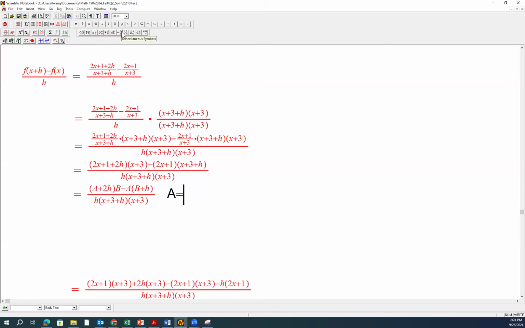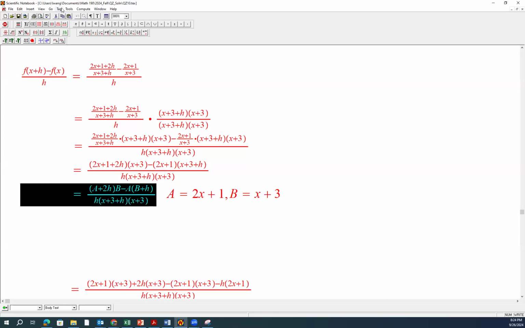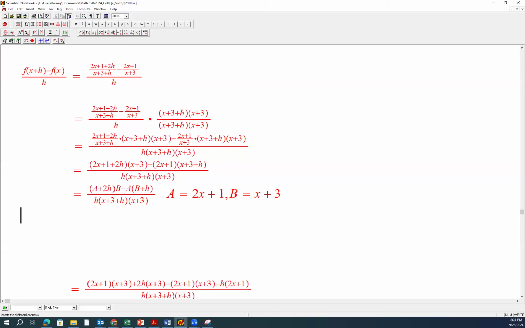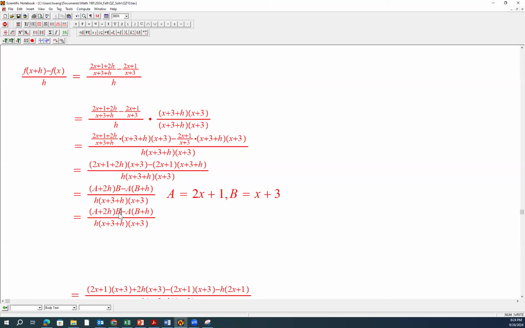Capital A is 2x plus 1. Capital B is x plus 3. I kind of simplified the process. So what I'm going to do next is B times A and B times 2h. So our next step is I will get A times B plus 2h times capital B.